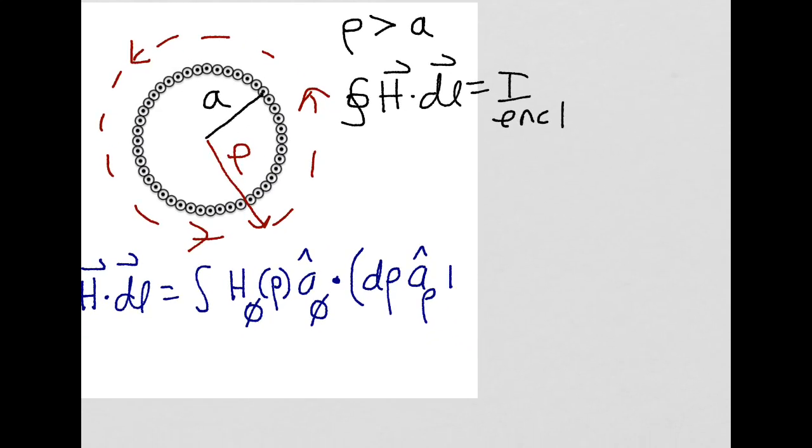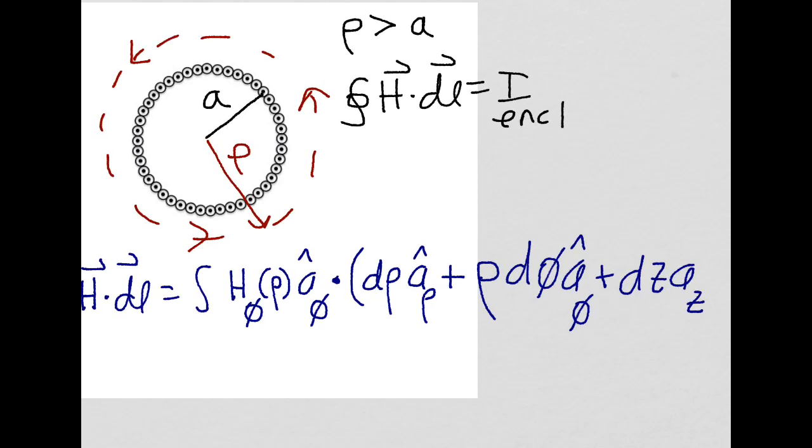If you change phi by an amount d phi, you move a distance rho d phi in the a sub phi direction. And if you change z by an amount dz, you move a distance dz in the a sub z direction. Okay, so looking at distributing these terms, a phi dot a rho is 0 and a phi dot a z is 0.